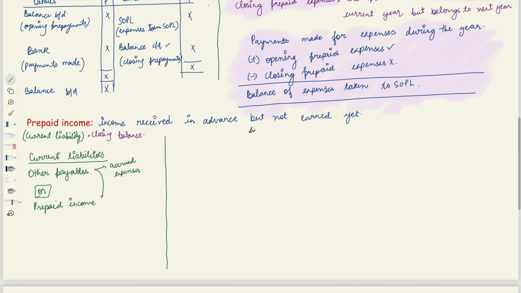Okay, in your statement of profit or loss, again you will have opening prepaid income. Opening prepaid income is income received in advance during last year, but belongs to current year because in current year we will be providing the services for it.